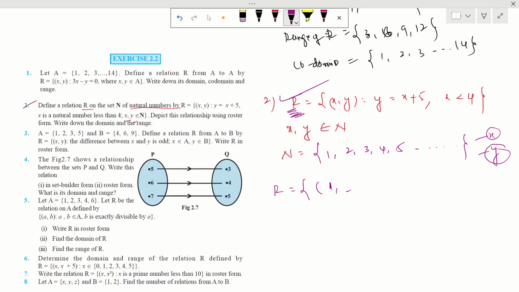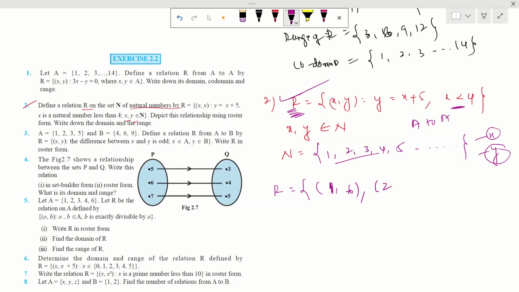Therefore we are saying relation from A to A, or sometimes it is called A to B. When we put x is equal to 1, up to which values can we put here? Less than 4 means we can only put the values 1, 2, 3, because the condition given is x is less than 4. When we put x is equal to 1, we get 1 plus 5 is 6.